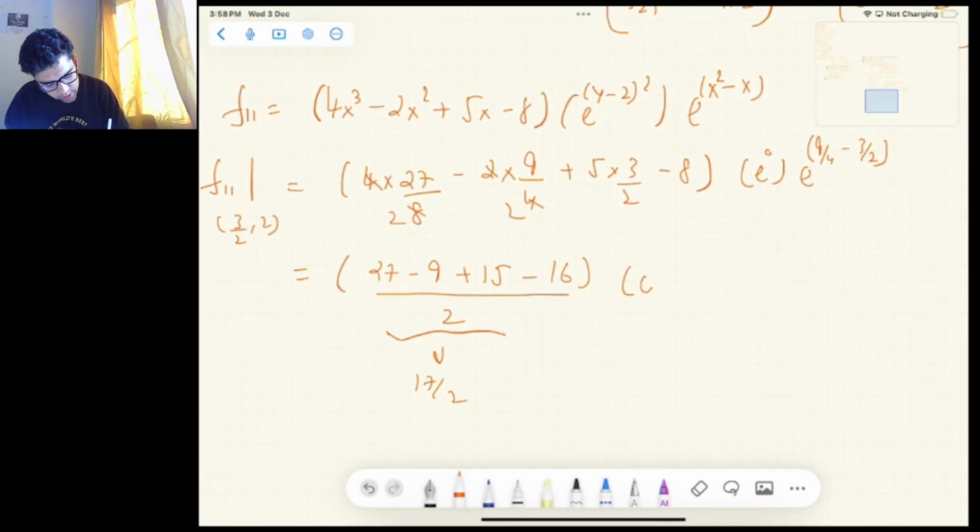And this expression is e to the power 9 by 4 minus 3 by 2, which gives 3 by 4. So this becomes 17 by 2 into e to the power 3 by 4, which is positive.